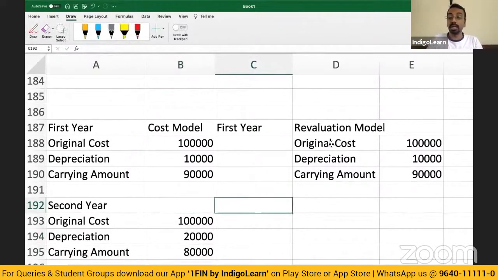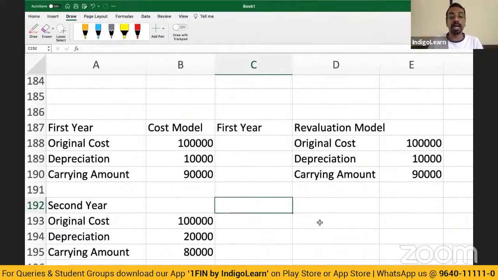But here, under the revaluation model, we have revalued this asset. Revalued means calculating the fair value based on market conditions, arm's length transactions, all of those things. Then the fair value of this asset is determined to be 1,20,000.